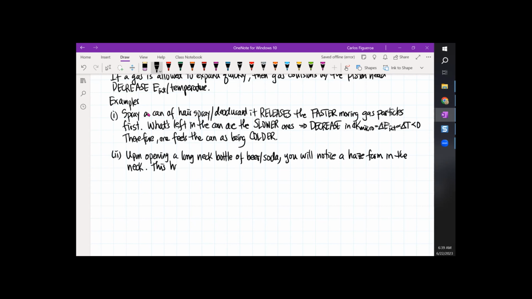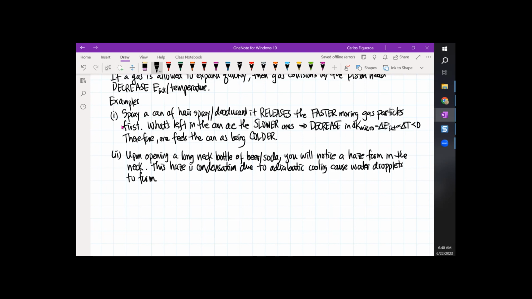This haze is condensation due to adiabatic cooling, causing water droplets to form.